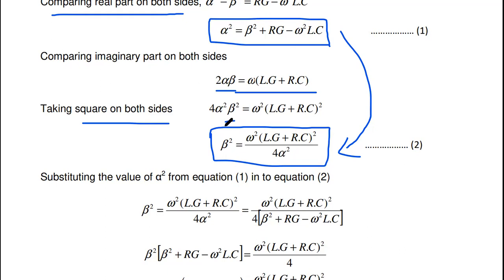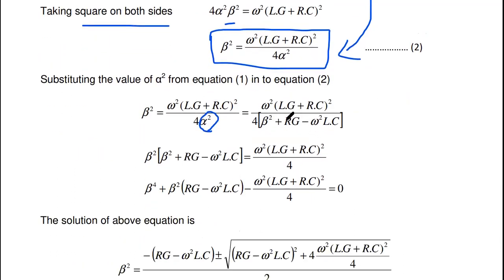So to eliminate one variable, substitute alpha squared as beta squared plus Rg minus omega squared Lc. So beta squared is equal to omega squared Lg plus Rc the whole squared divided by 4 into this alpha squared value.